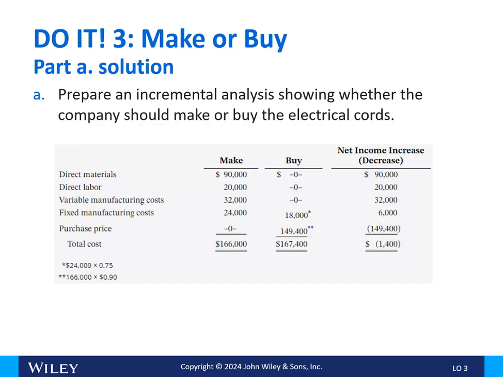We have fixed manufacturing cost of 75% of the make, so $18,000. We can eliminate a quarter, it said in the previous slide, so we still have 75% of that. So that totals $167,400, which is $1,400 more than making it. So in this case, Juanita should make the components.